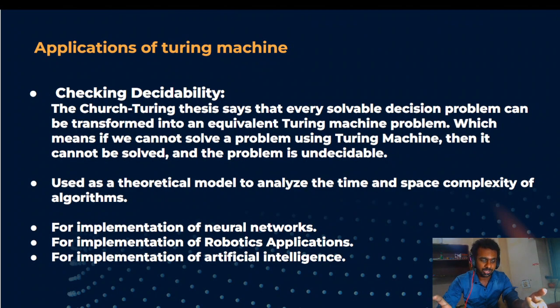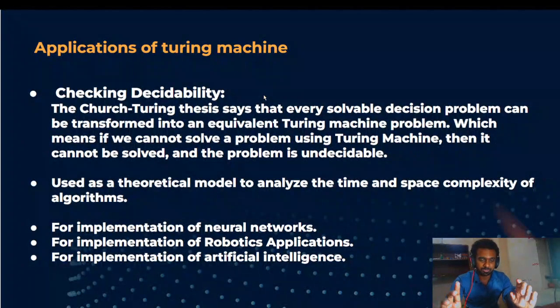So when computer scientists sit and write algorithms, they can first check if the problem can be solved using a Turing machine. If it can be solved, then there must definitely be an algorithm that can be made. But if it cannot be solved, there's no way that you can make an algorithm to make it work. So before starting the work, we can check using a Turing machine whether it's solvable or not. That is what we call checking decidability.